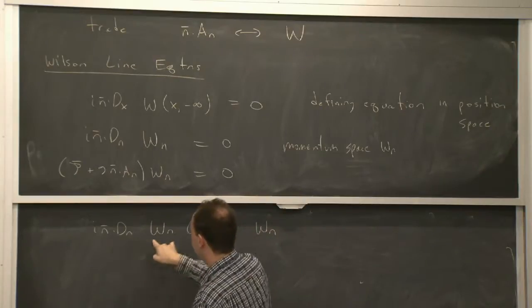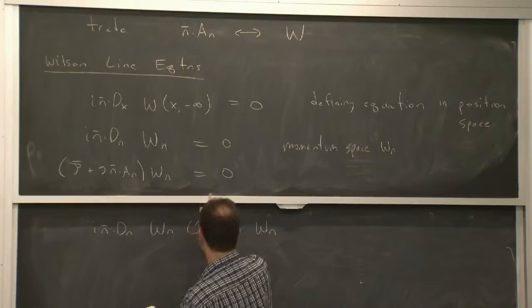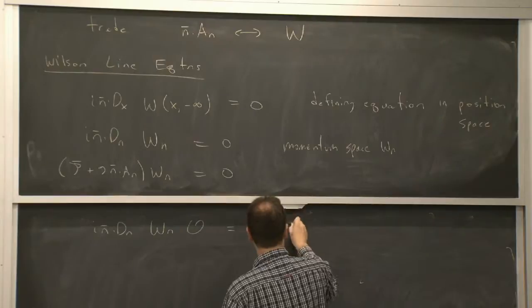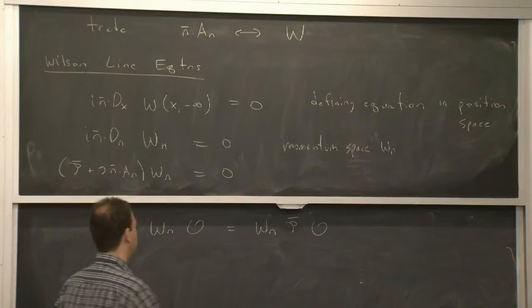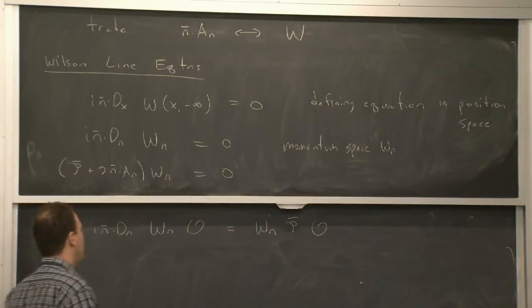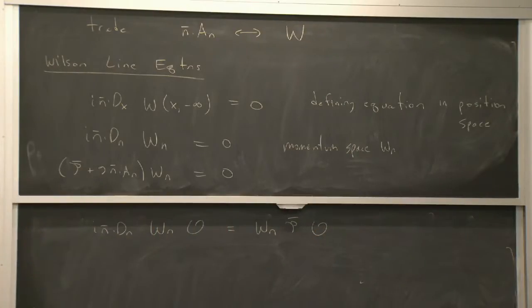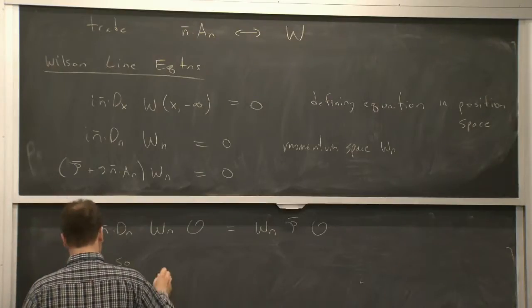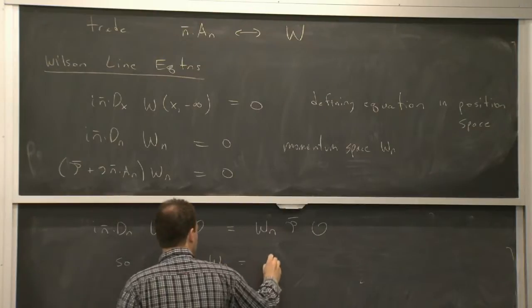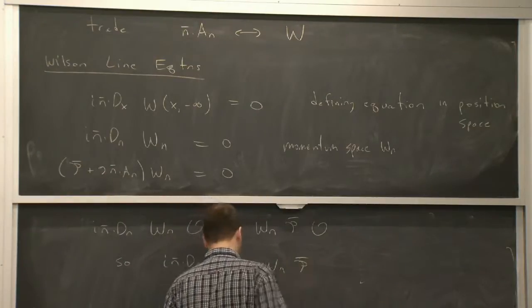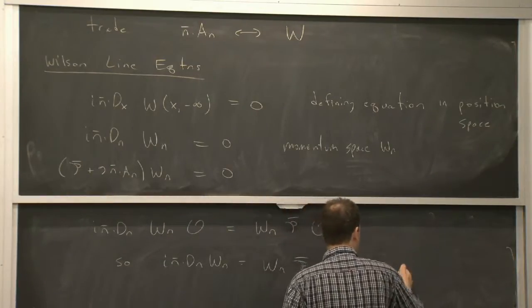So I get 0 if the p-bar acts on this thing, but if the p-bar acts through, then I get just p-bar on the operator. So as an operator equation, I can erase the O. This is true for any O. And we have this operator equation.